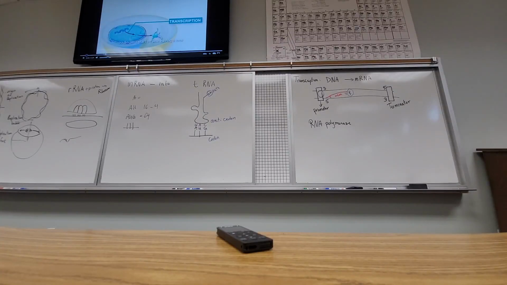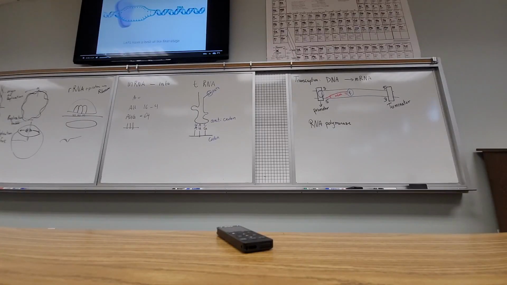So let's start off by having a look at transcription. Overall, what happens in transcription is that a cell makes an RNA copy of DNA. The cell shown here shows that transcription occurs in the nucleus of the eukaryotic cell. In this figure, DNA is highlighted in blue and RNA is highlighted in green. Transcription is broken down into three stages: initiation, elongation, and termination.